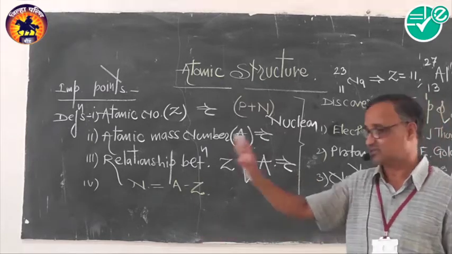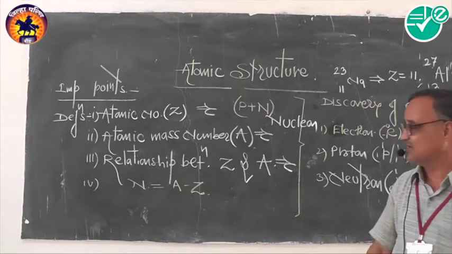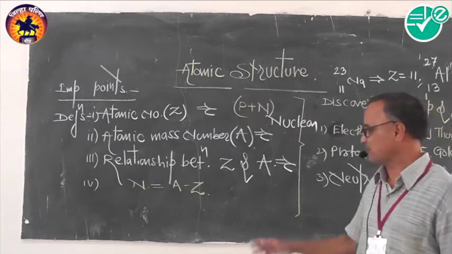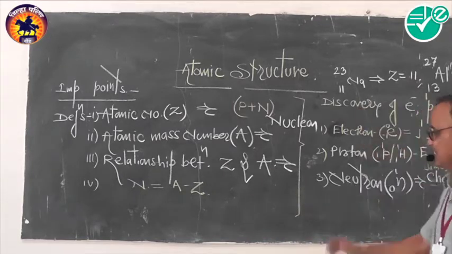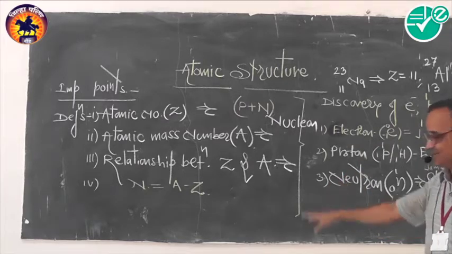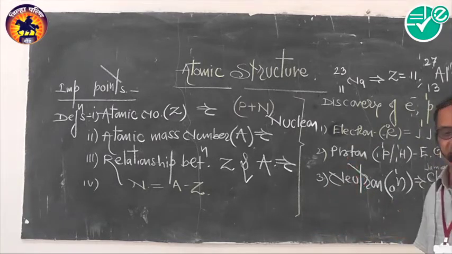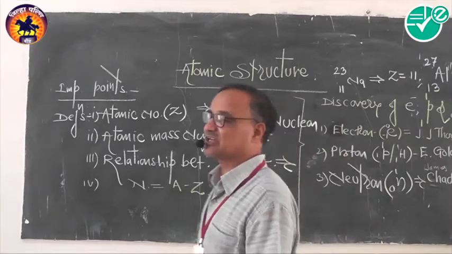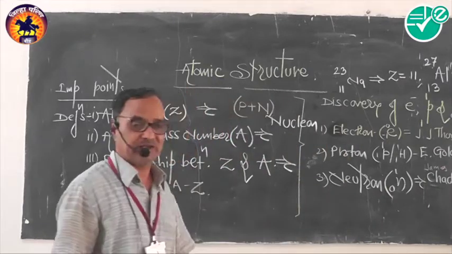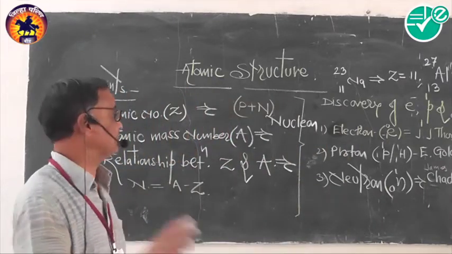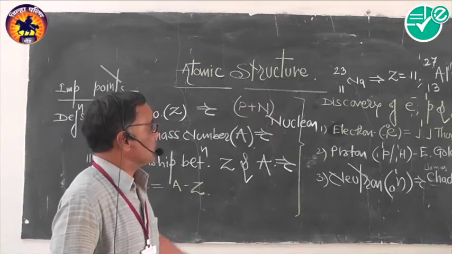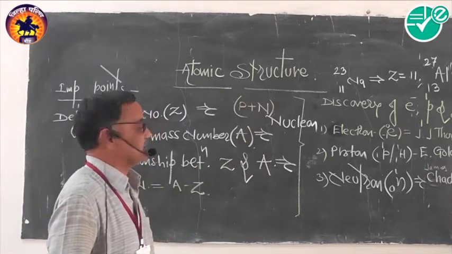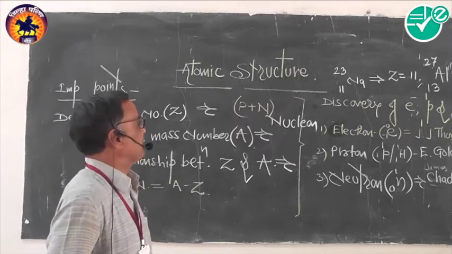This is the mathematical statement. Mathematically, the number of neutrons, capital N, is equal to A minus Z. So N equals A minus Z is the relationship between atomic number and atomic mass number of an element, and the number of neutrons is very easily calculated.